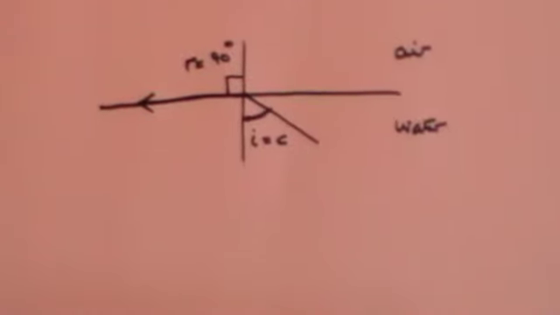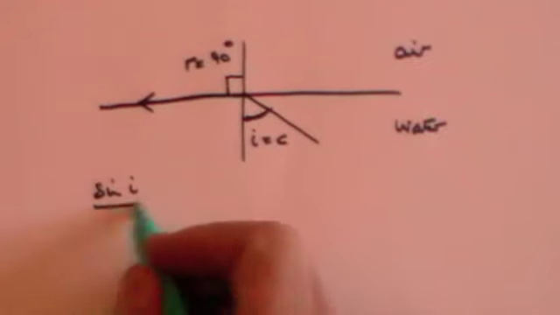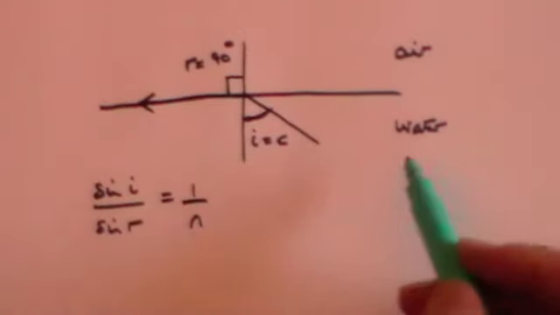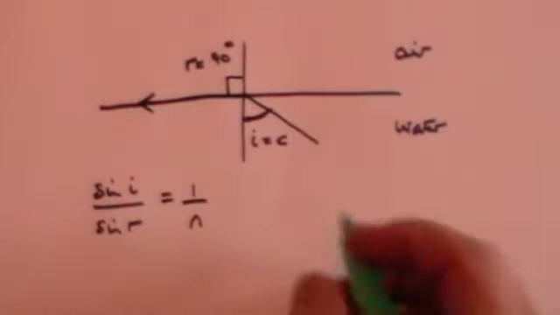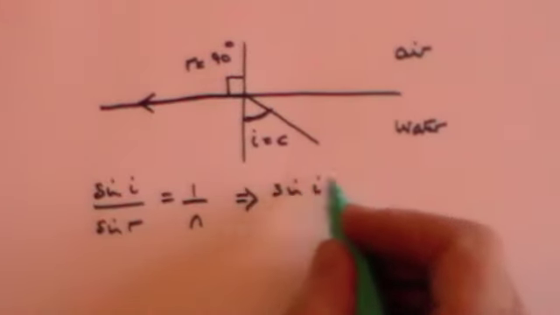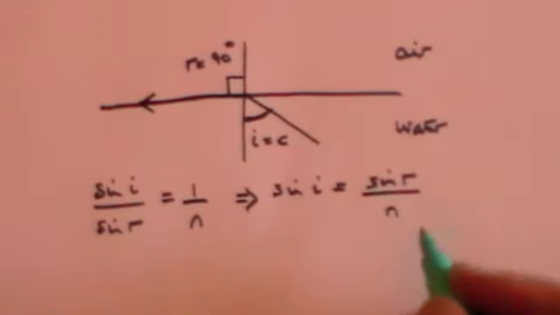So now all we have to do is to apply Snell's law, which says that sine I divided by sine R is equal to 1 over n, remember, because we're going from more dense to less dense, so it's the 1 over n formula, and that means that sine I is going to be sine R divided by n.